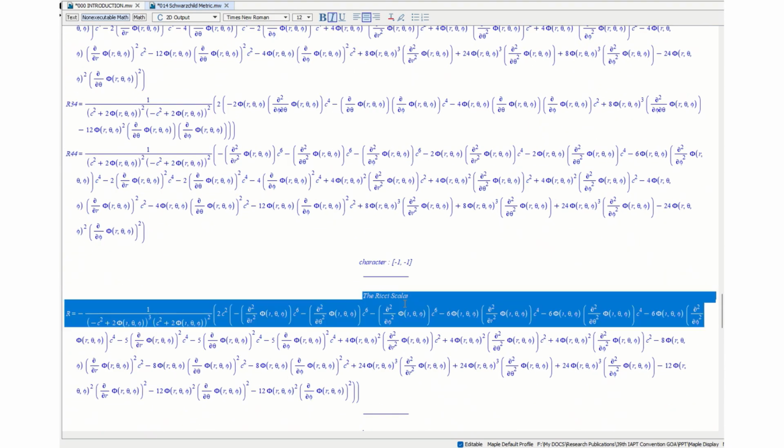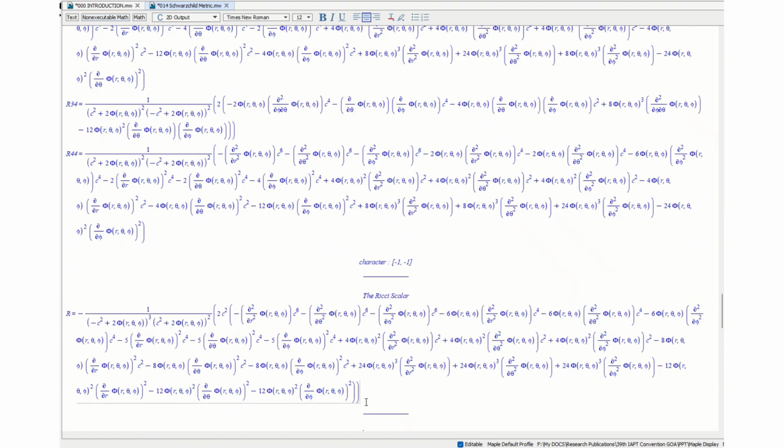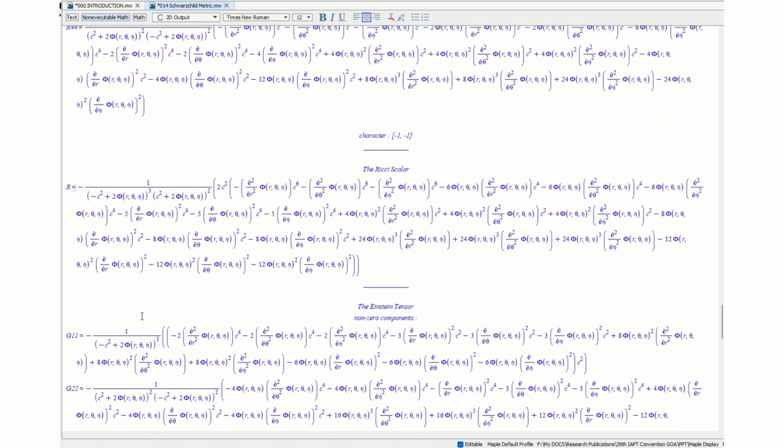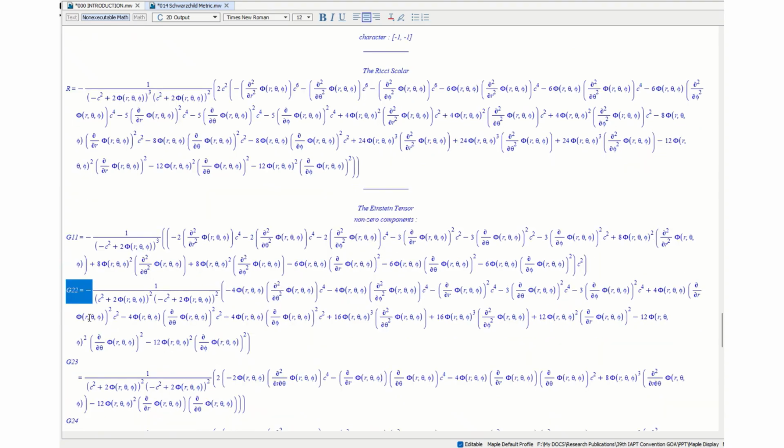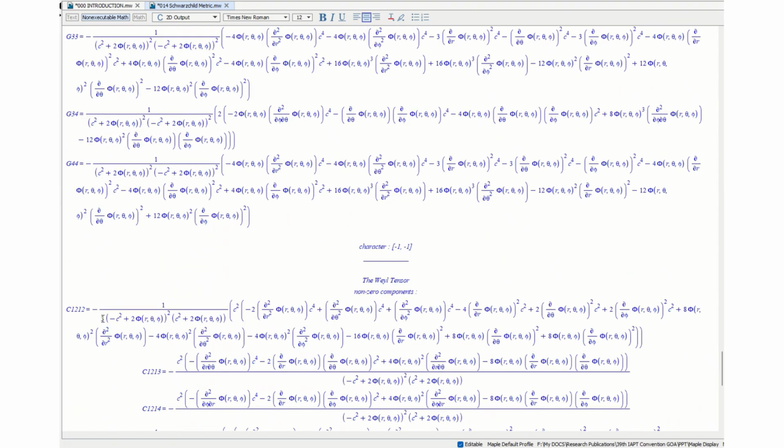The Ricci scalar you can observe here, capital R equal to. Then the Einstein tensor having non-zero components G11, G12, and so on and so forth.